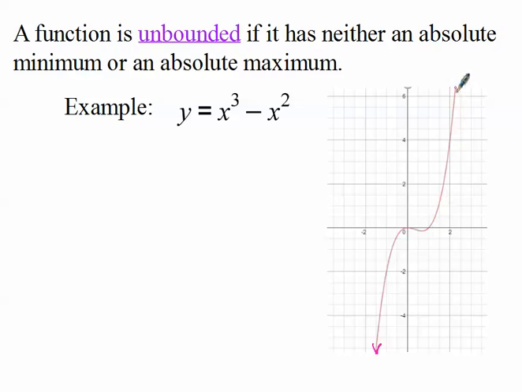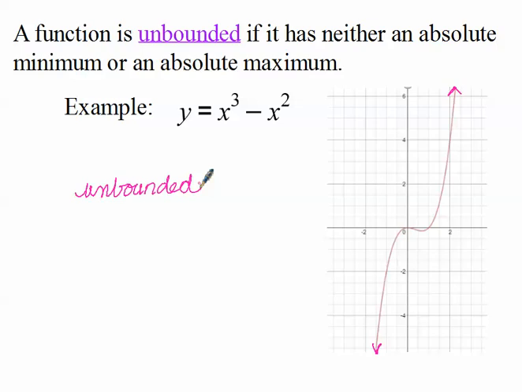And likewise over here on the right, I can see that it's never going to have a bound because it's continually going up to a positive infinity value for y. So in this case, we would just simply say it is unbounded. Which means we don't have to worry about lower bound, we don't have to worry about upper bound. There's none of that to concern ourselves with.